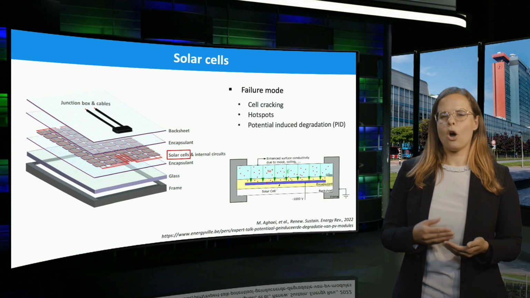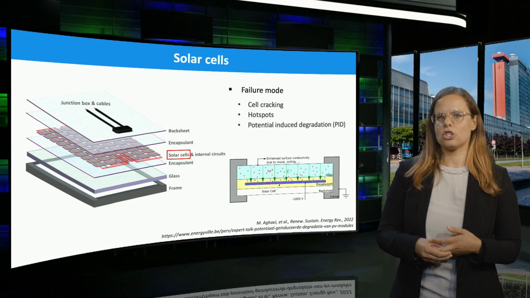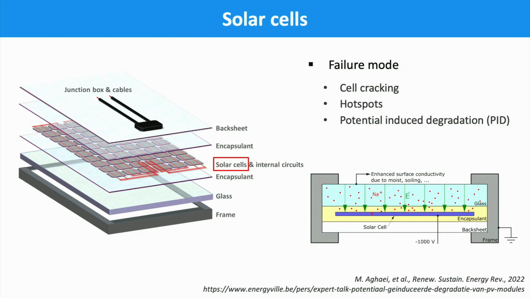A diagram of the PID process is shown here. The high system voltage creates an electric field between the grounded PV module frame and the solar cell matrix, causing alkali metal ions to diffuse towards and inside the solar cell, resulting in severe power losses, which will be discussed in a later video.